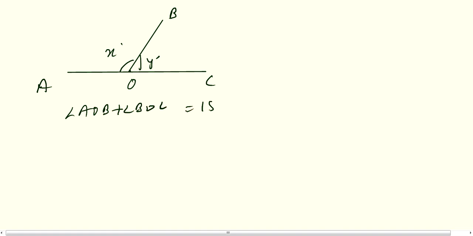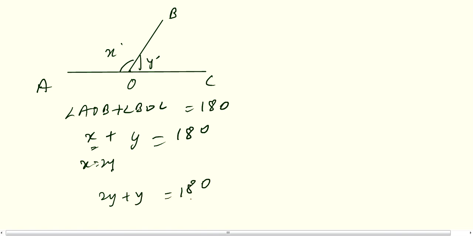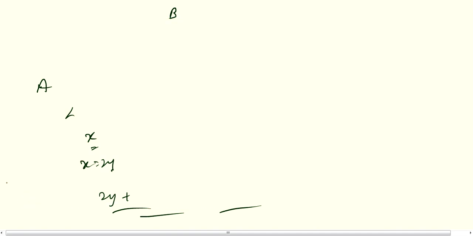These two will equal 180. Now the value of AOB is X and the value of BOC is Y, so X plus Y equals 180. Now in the question it is given that X equals 2Y. So you substitute here 2Y plus Y equals 180. Solve this, you will get Y equals 60 degree and X will be 120 degree. So like this you have to solve this question.